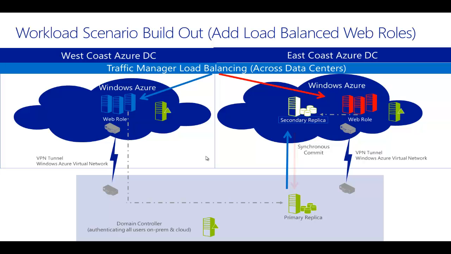One has a writable copy of the data, one has a read-only copy of the data. So we're going to set up Traffic Manager for failover load balancing. The primary in our scenario will be the West Coast web role, and the secondary will be the East Coast web role.